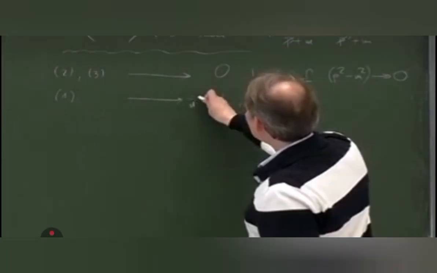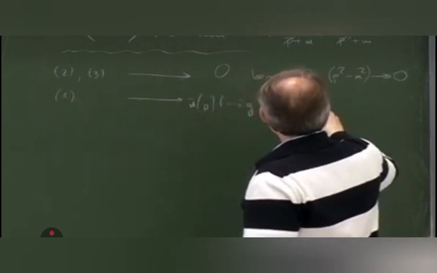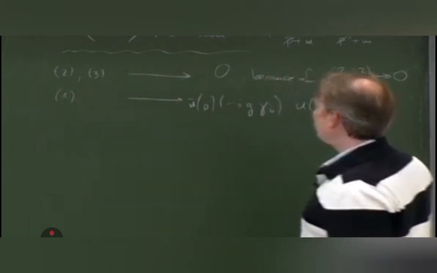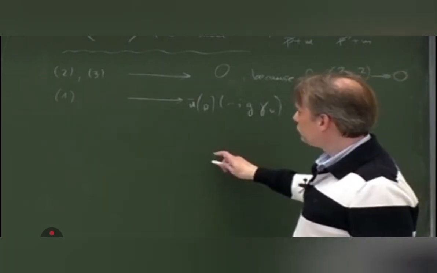So minus I g gamma nu. And then let's say we multiply with spinors, so then we would get u bar of p in this case times u of p prime in the other case. Times q nu, times another q nu from here.